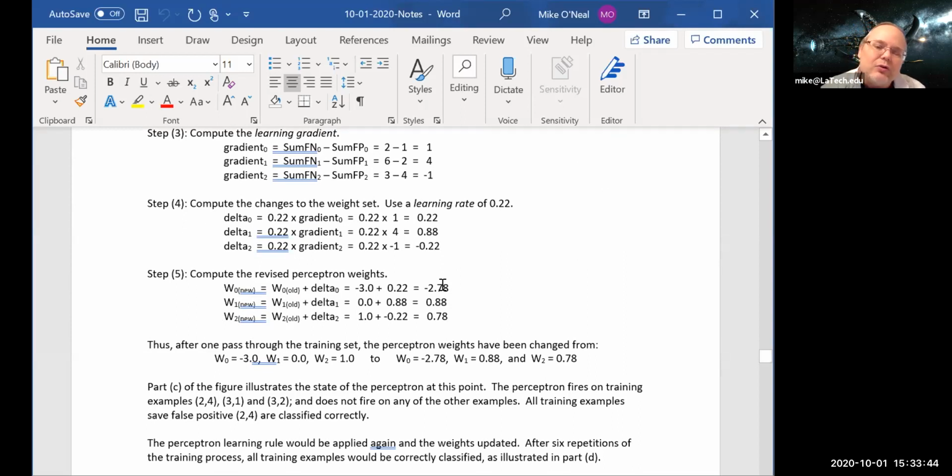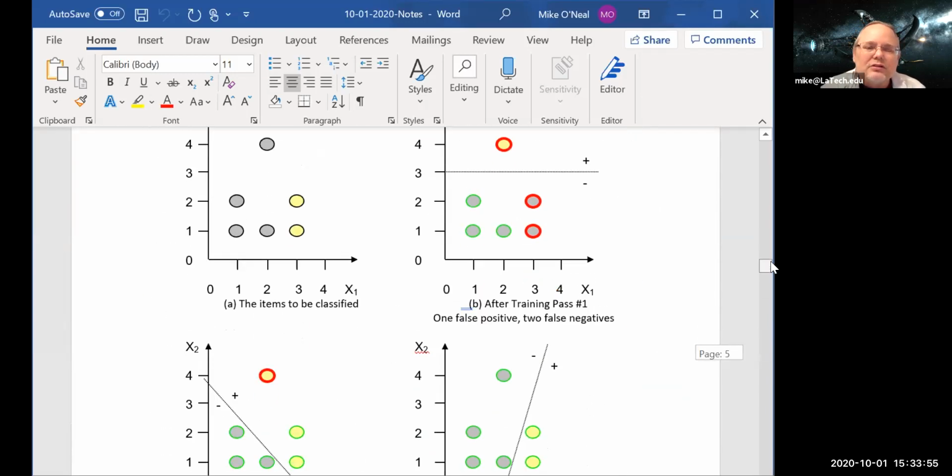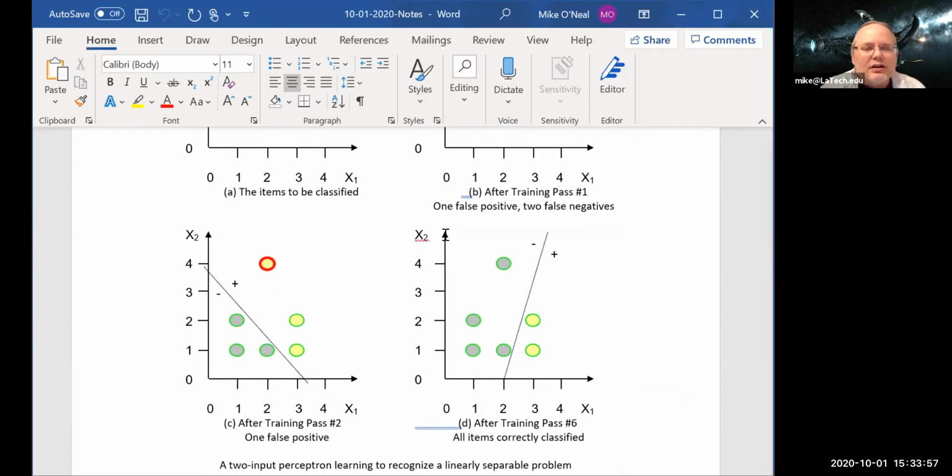And so if you were to take that, you would find that we now have a situation like this. You might say, well, where did this line come from? Well, if you take the equations, you can convert where they reach 0 to a slope-intercept format, and it is exactly this line.